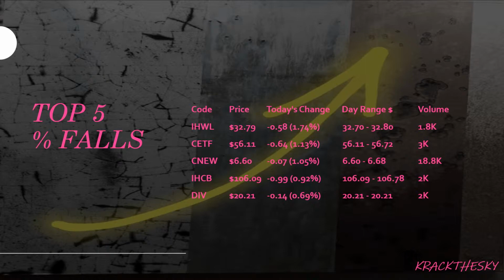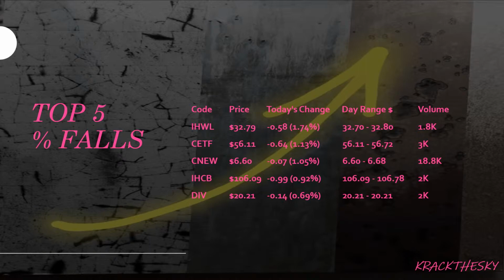Those people who've been watching will know that the CETF is the VanEck Vectors China AMC CSI 300 ETF, which is a mouthful, and that one tracks the China A stock market. Then we had CNEW, which is the China New Economy VanEck Vectors ETF.